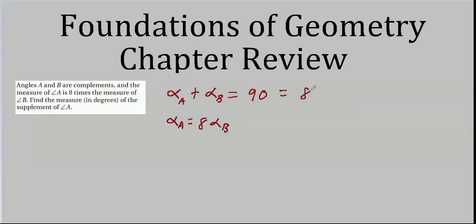And we'd end up with 8 times alpha B plus alpha B. Well, this looks like it's going to be fairly easy. Now we just have 9 alpha B equals 90, or alpha sub B equals 10. Does that work? Well, I think it would. After all, if the other angle was 8 times this, it would be 80 degrees. And 80 plus 10 is, in fact, 90 degrees. So these two would be complementary.